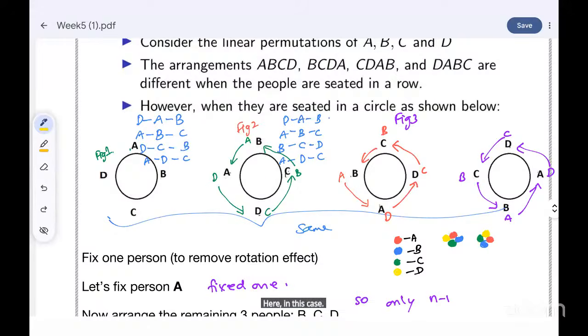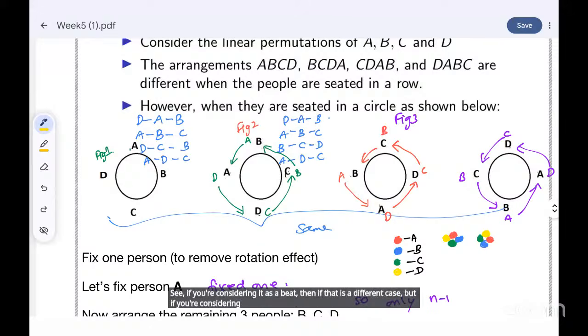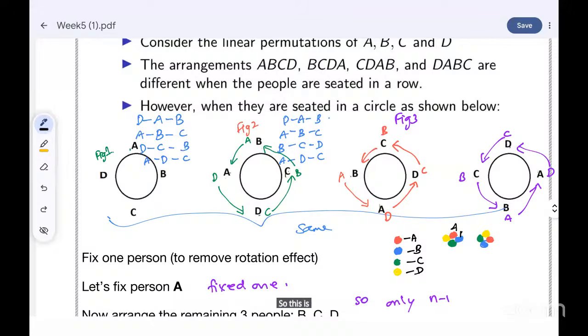See, if you are considering them as beads, then that is a different case. But if you are considering them as persons, A, B, C, D, what is meant by clockwise and anti-clockwise? So this is A, B, C, D, right?